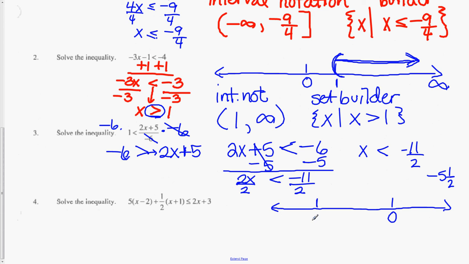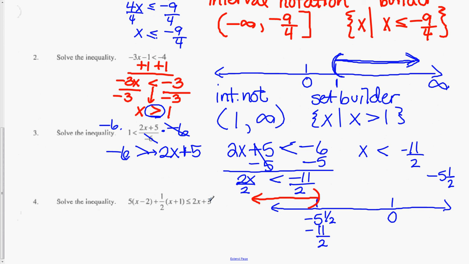Let's just say -5.5 or -11 over 2, same thing. Now, I'm saying the x's are less than -11 over 2, so I'm going to change my color. Let's change it to red. And it's less than, so less than is going to the left. I'm getting a parenthesis because there is no equal to, so my arrow goes to the left.